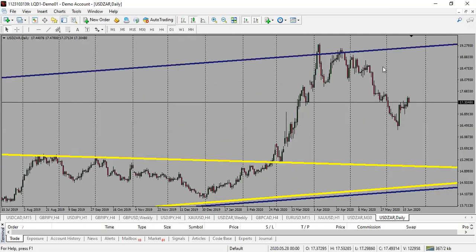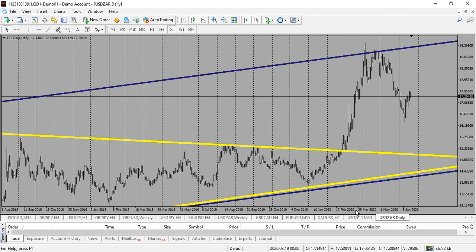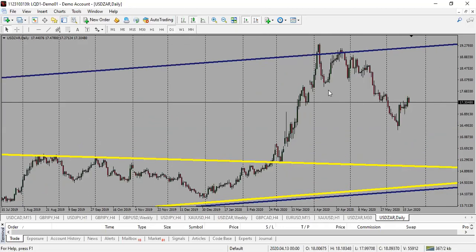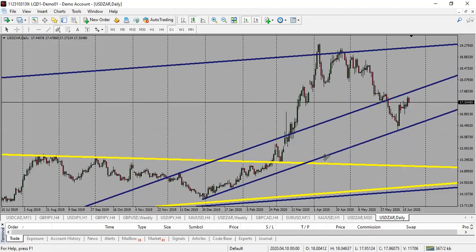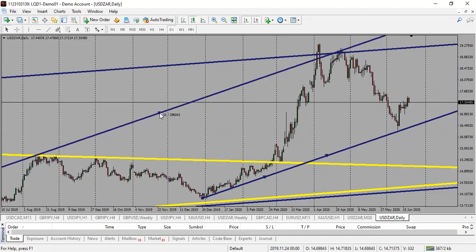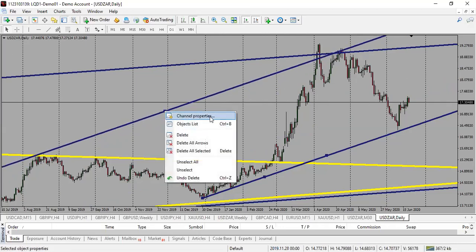D1, as you can see. Before I plot the wedges, let me just plot the trend lines, and I'm going to put them in different colors today, guys, so we don't get confused. I'm just going to plot it like that and change the color.